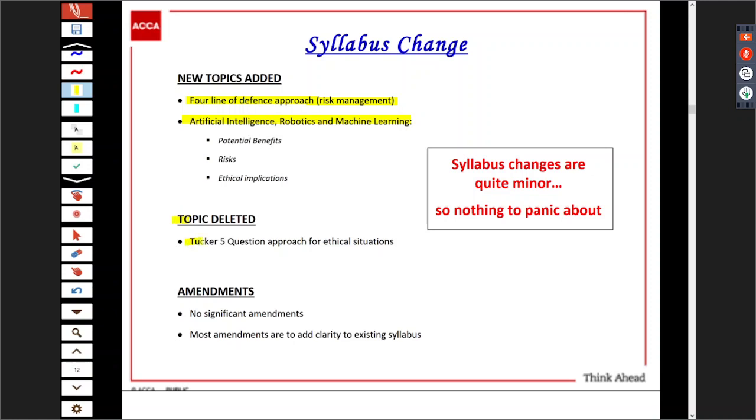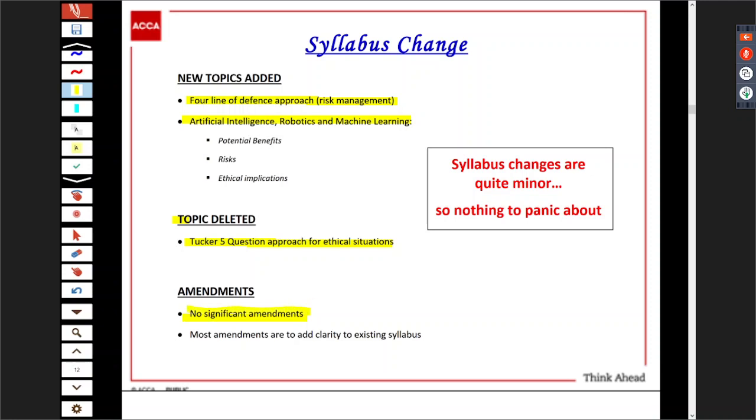One topic was deleted, which was Tucker's 5-question approach for ethical situations. I don't care whether it was deleted or not because I never focused on this model anyway. And then there are several amendments, but most of those are for clarification purposes. No significant amendment.